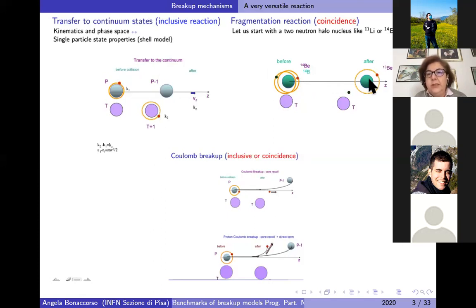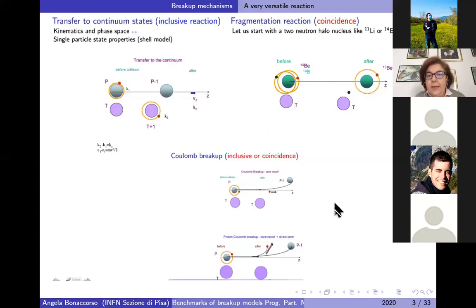So this is a different type of experiment. It needs a different type of formalism, and of course, this would correspond only to the elastic part of what we have discussed here, because the neutron is in coincidence with the core. So obviously, it has not been absorbed by the target.